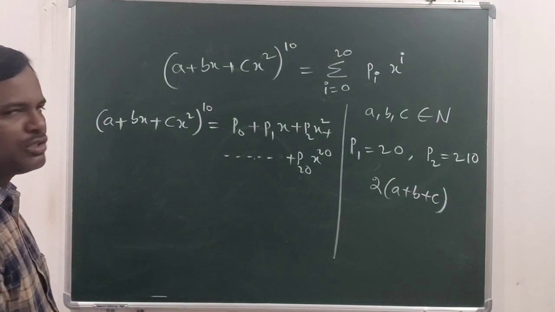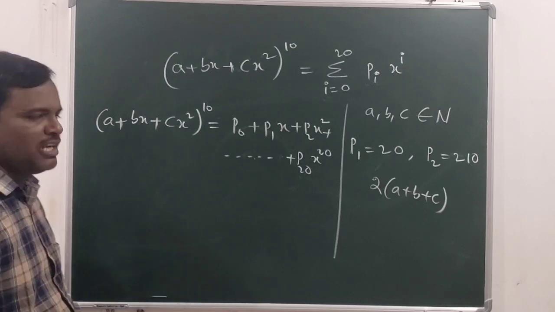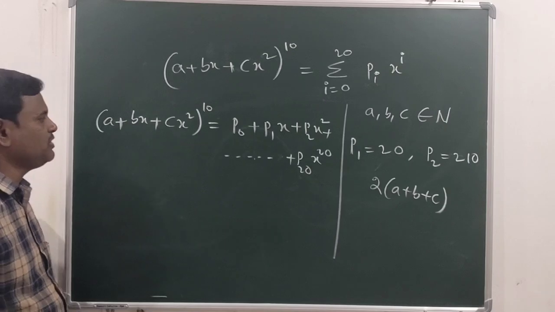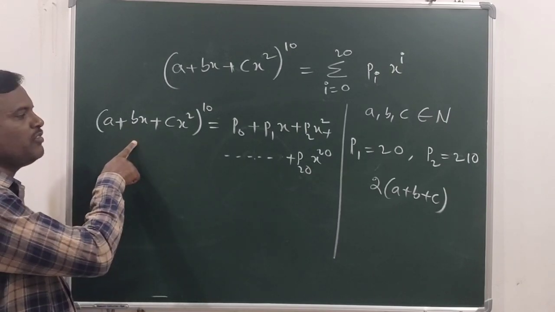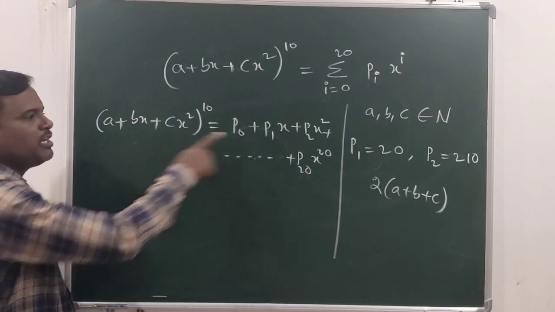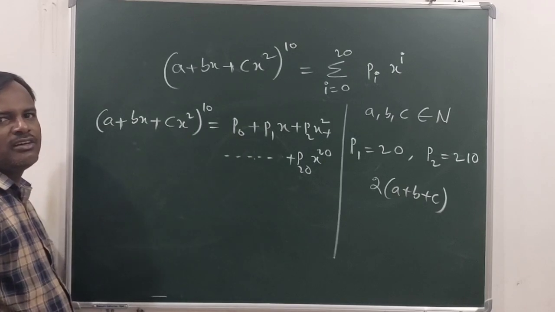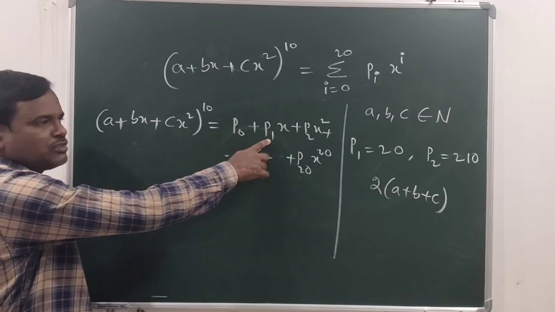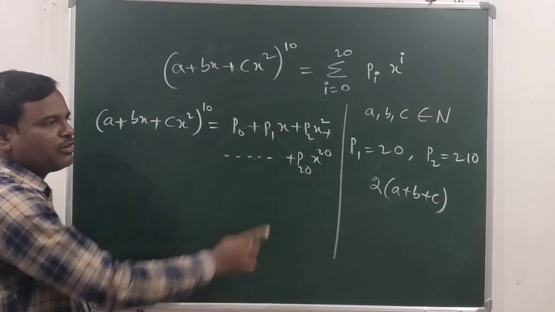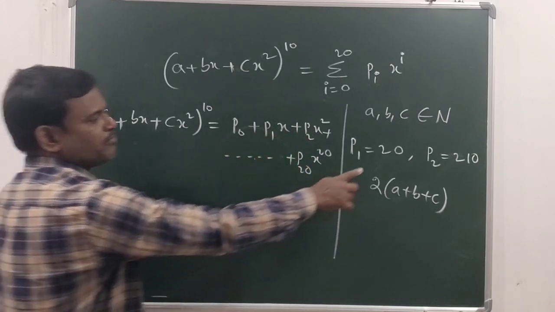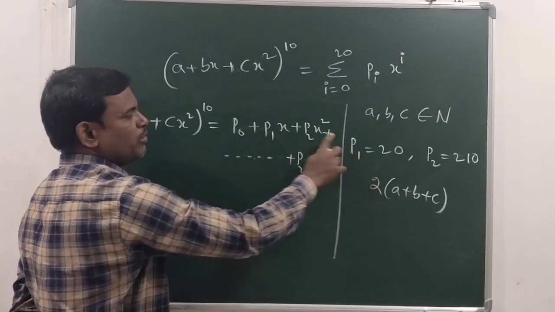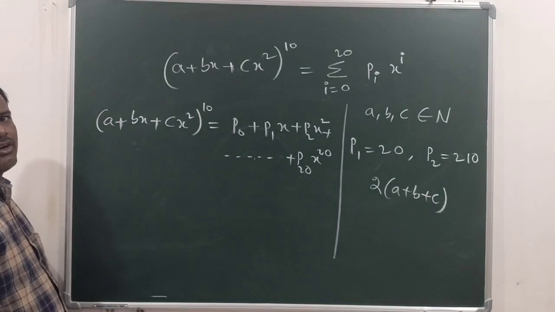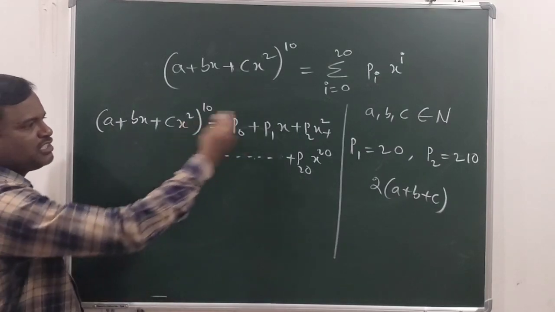Now how do we answer this question? See, let me explain this. First I would like to find the coefficient of x and coefficient of x square on the left side, so that I can equate the two values, because the coefficient of x and coefficient of x square are given in the RHS part. Here the coefficient of x is 20, coefficient of x square is 210.